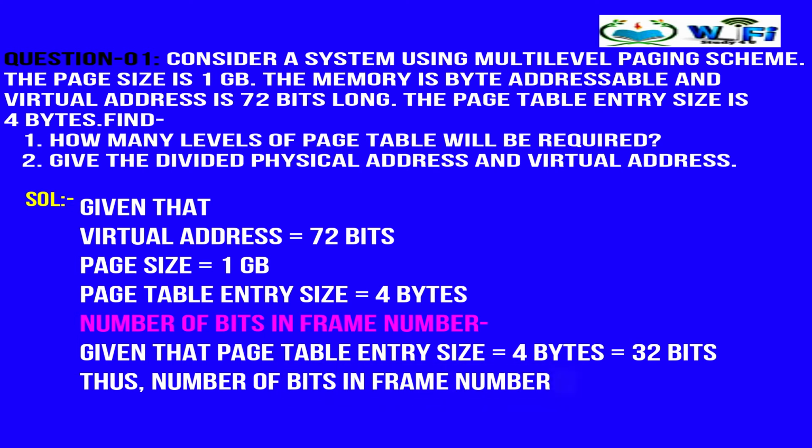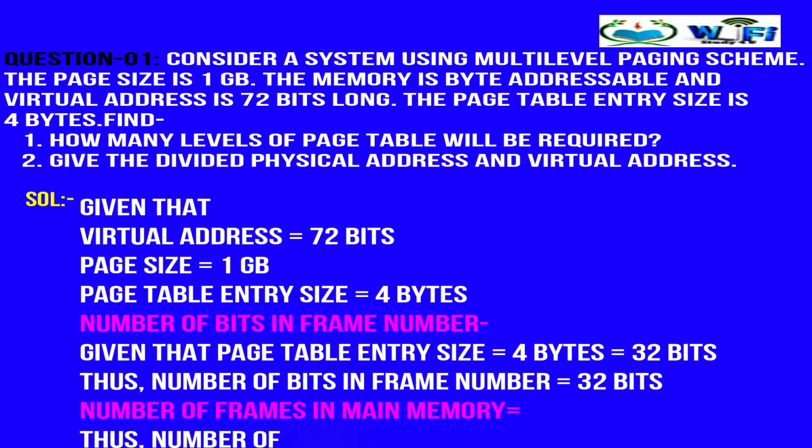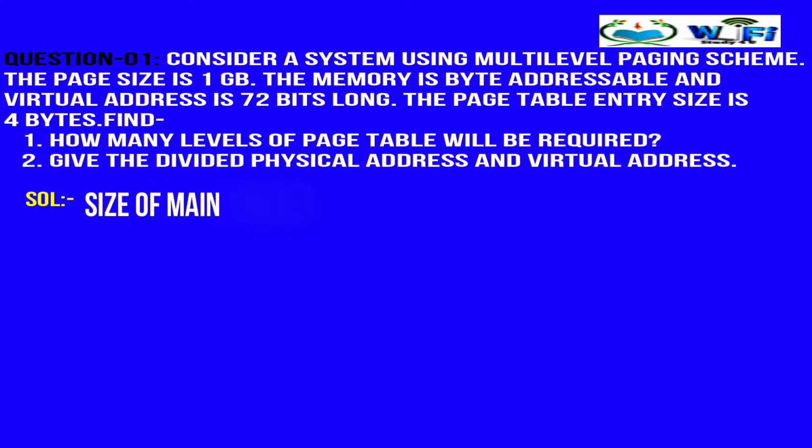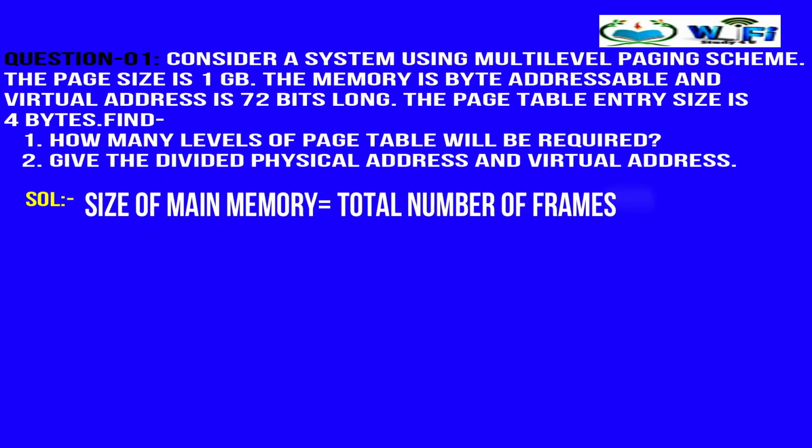Number of bits in frame number: page table entry equals 4 byte equals 32 bits, thus number of bits in frame number equals 32 bits. When you get the frame number, then you can find out the number of frames in main memory. So number of frames in main memory equals 2 to the power 32 frame.